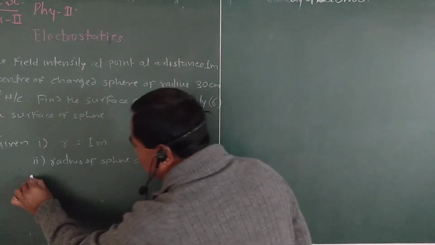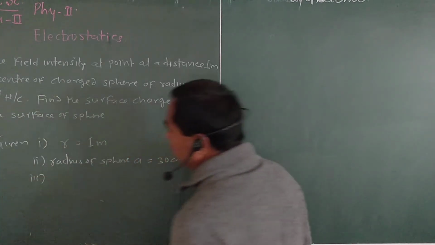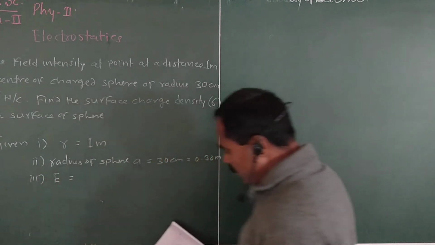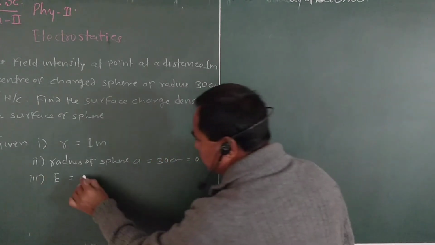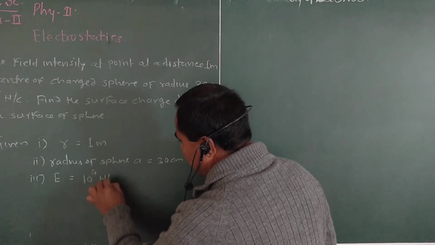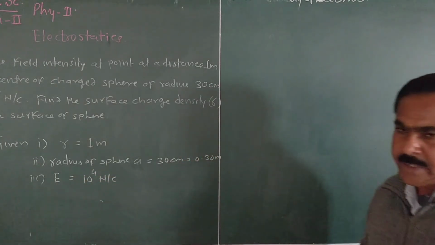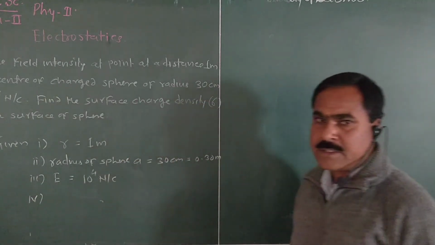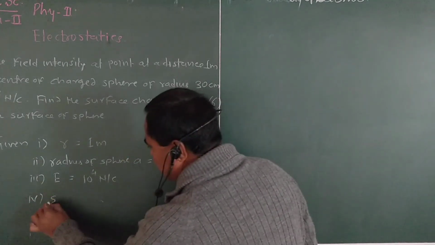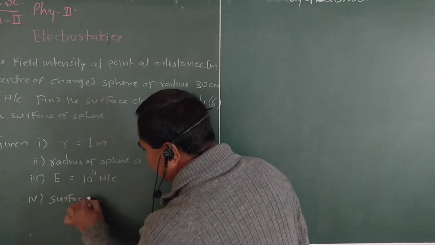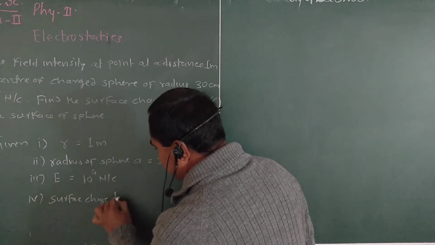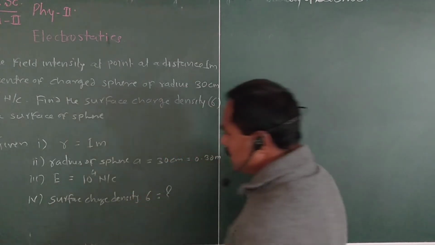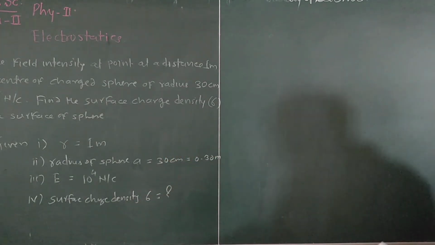Then third is the value of electric intensity, that is E equal to 10 raised to 4 Newton per coulomb. And fourth, we have to find the surface charge density, sigma, we have to calculate the value.